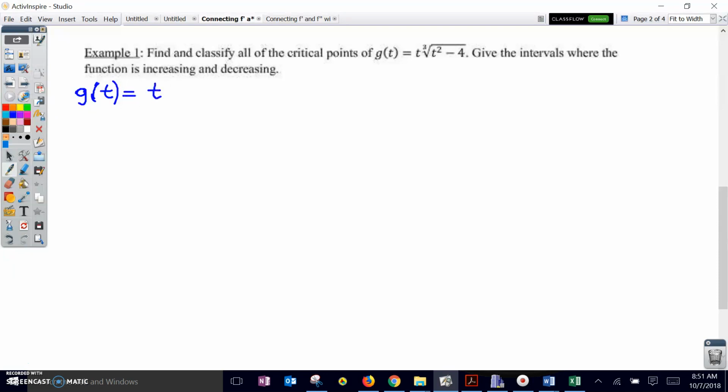But first, I'm going to rewrite this to make it a little easier on me when I'm taking the derivative. Now I can just apply the power rule.